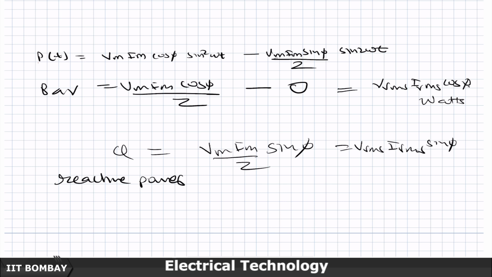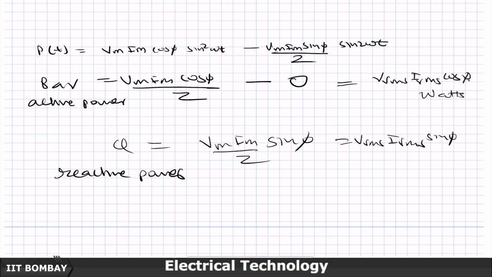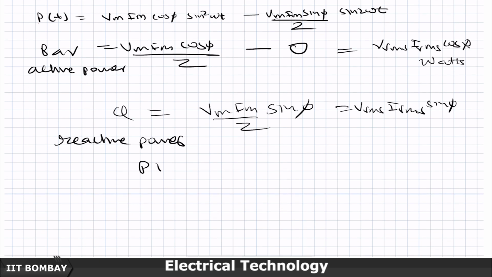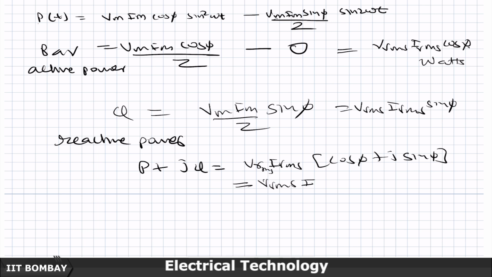reactive power. So, this is also called active power, this is called reactive power, and P plus jQ, which is nothing but Vrms Irms cos phi plus j sin phi, which is also Vrms Irms e to the power j phi, is called the complex power.